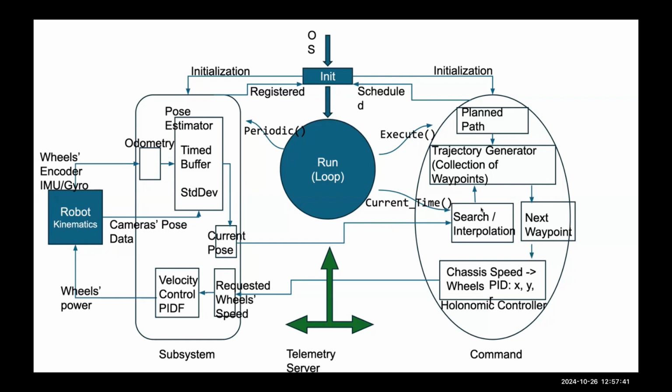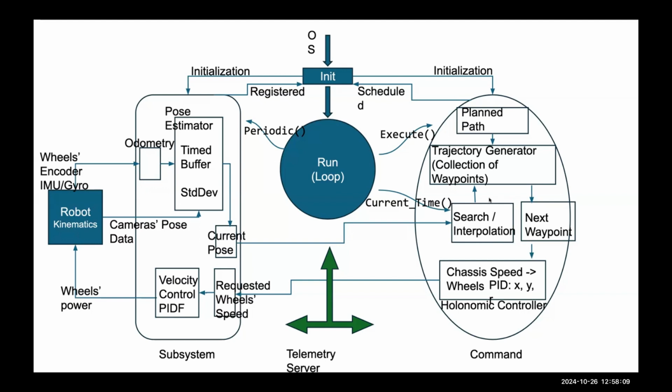So inside of the command, we have a planned path, which is the autonomous waypoint that your team is using. And what happens there is if you have a path, that path is then split into many different waypoints, often a couple milliseconds apart.